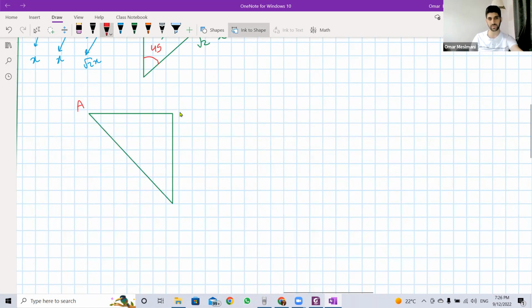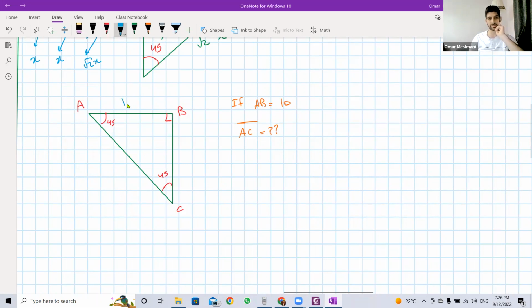You will be given something like this, a triangle ABC. This is a 90, this is a 45. So obviously the third one is going to be a 45. And he's going to say if AB equals 10, what does AC equal? So I found this.